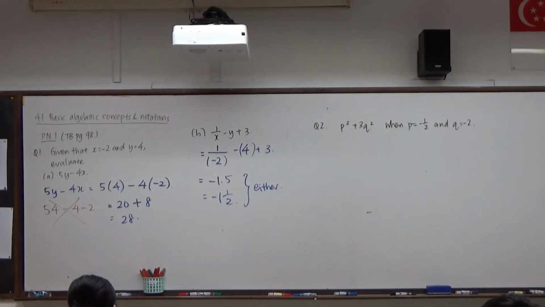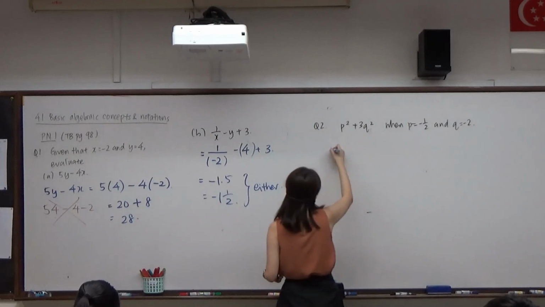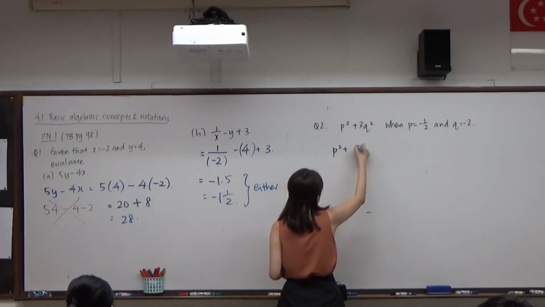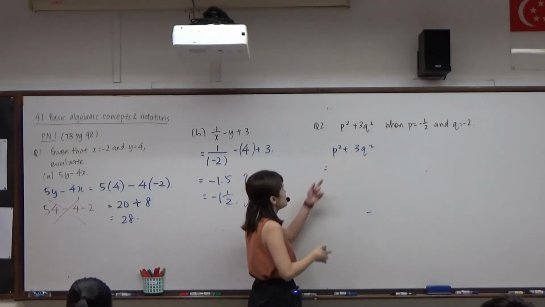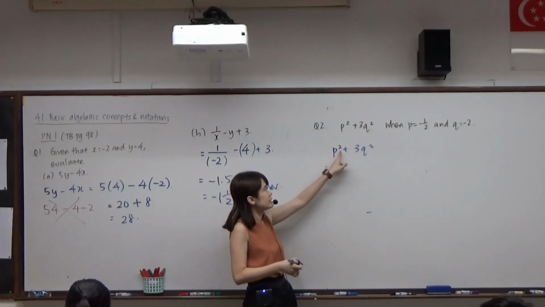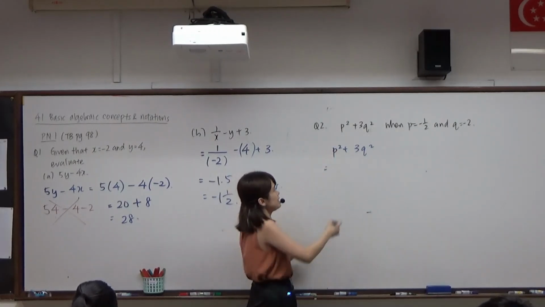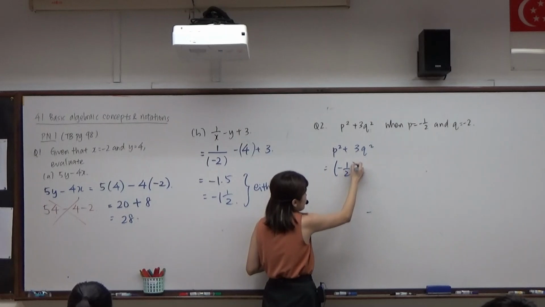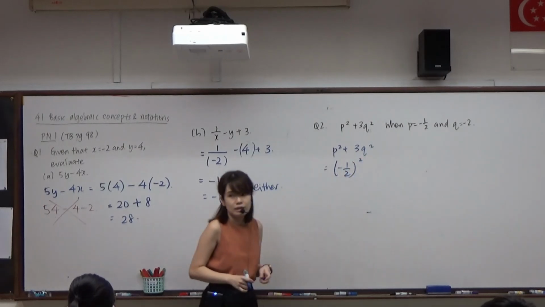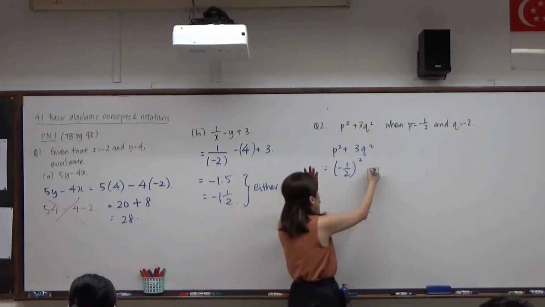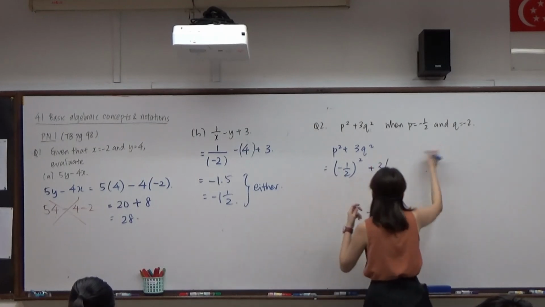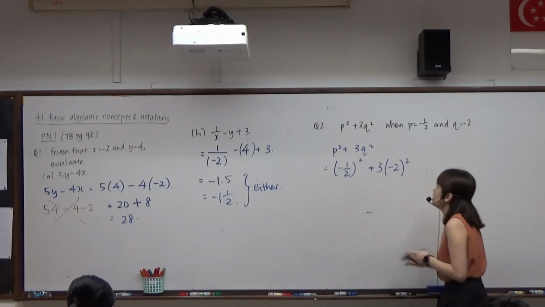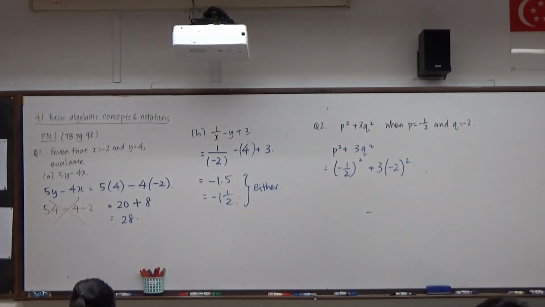So now p squared, p is supposed to be -1/2. So we know that brackets matter. In this case, the square is for all of p, so there must be brackets around the -1/2, and for q, you must have brackets around the -2.